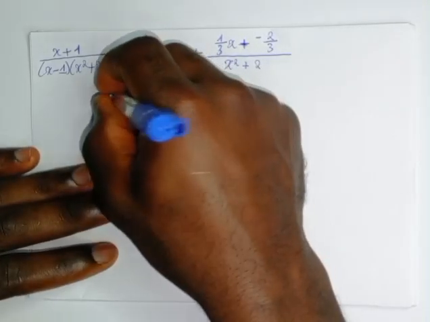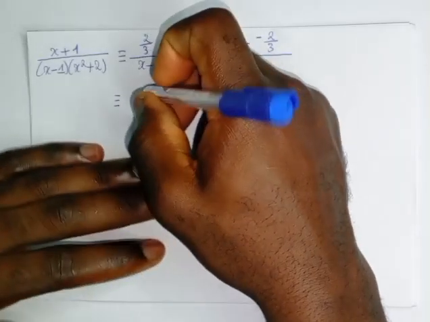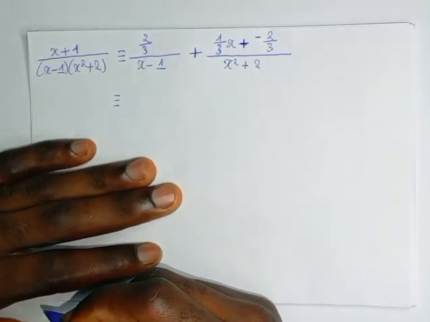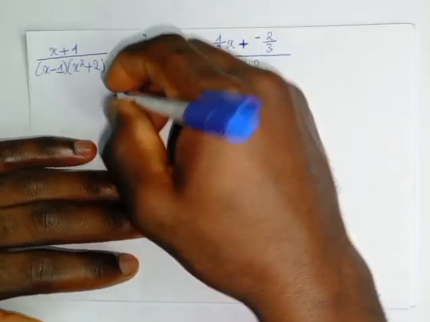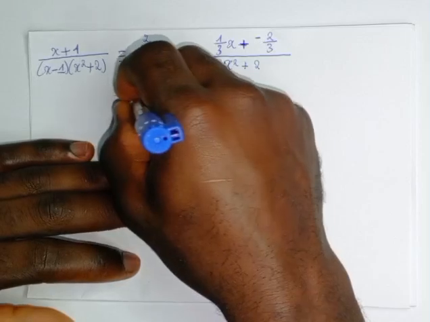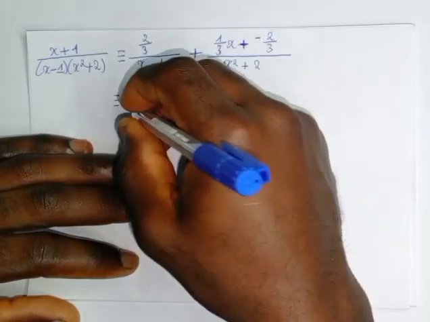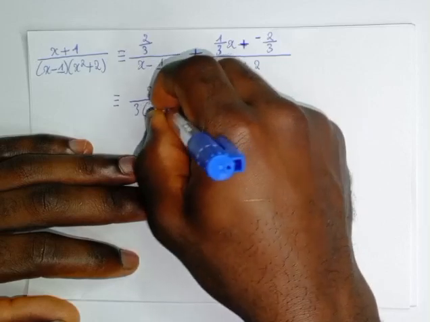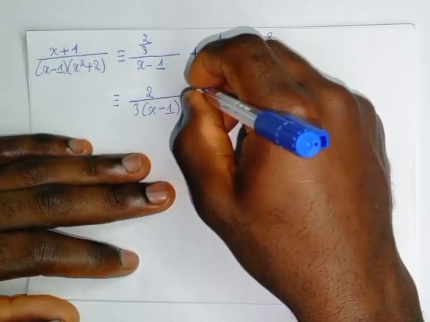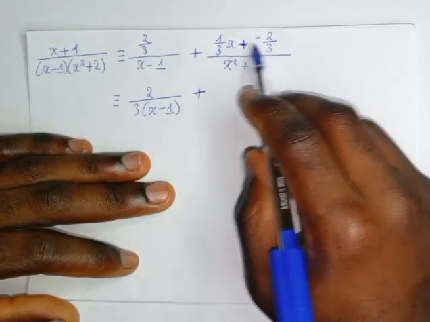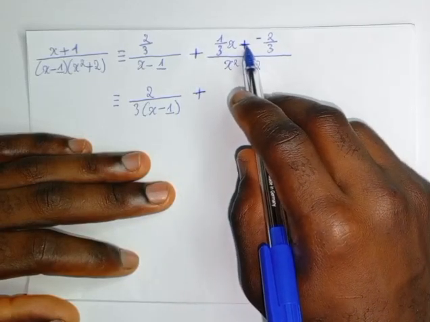And this is simply the same as here. We can send down the denominator of the fraction. 3 will go down. This will give us 2 on 3. We have to multiply all this by 3 times x minus 1 in brackets like this, plus here the numerator, you will see positive, negative, negative will stay.